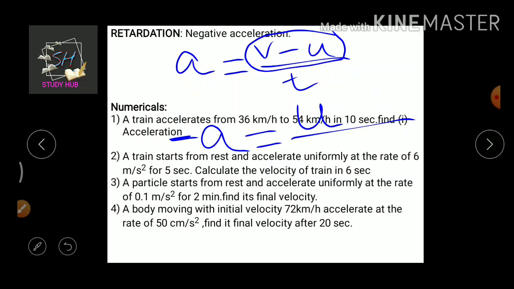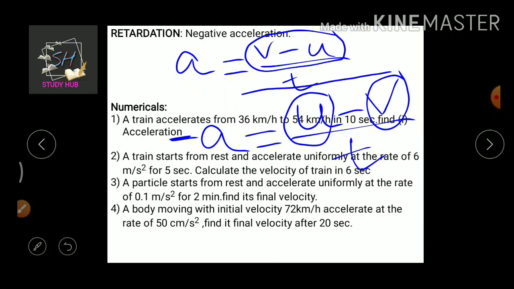So u is the positive term, so u comes first: u minus v by t. Here the initial velocity is greater than the final velocity because the velocity is decreasing. So this is the retardation case. In retardation we just find acceleration but in the negative sense.